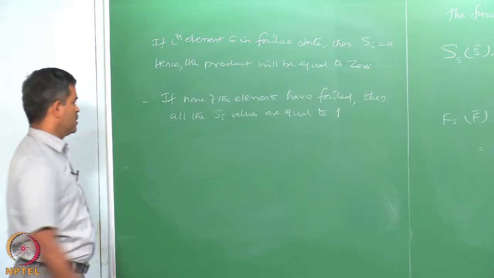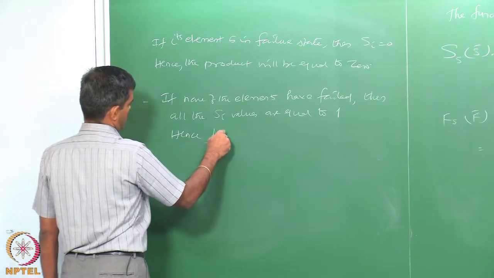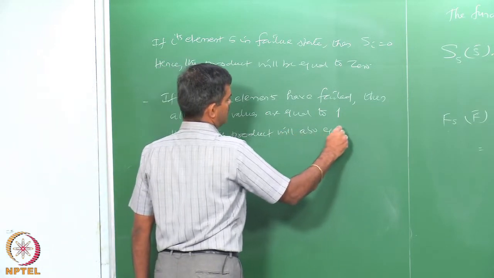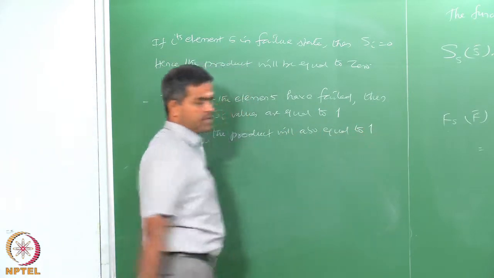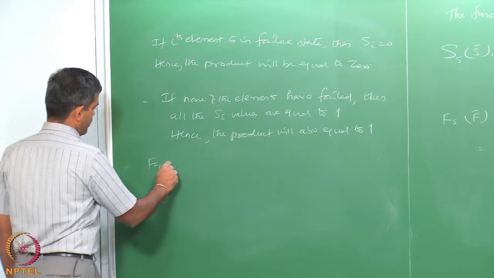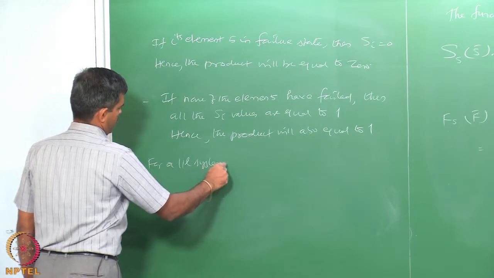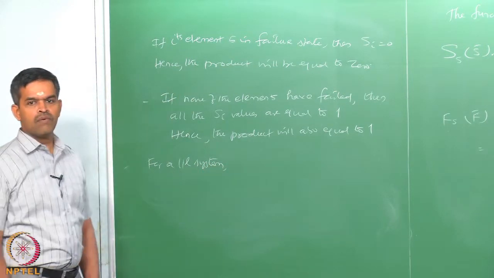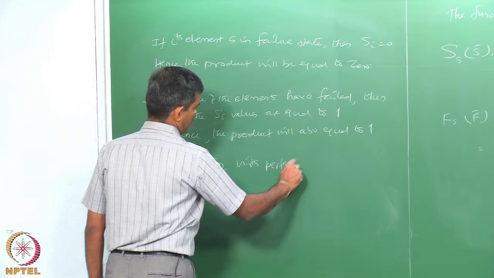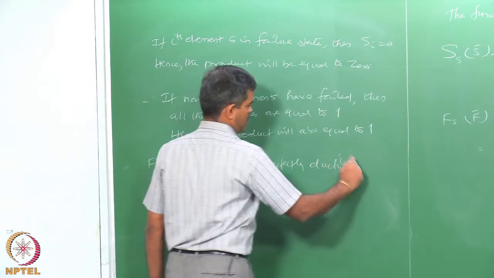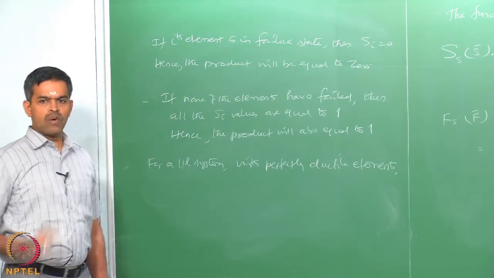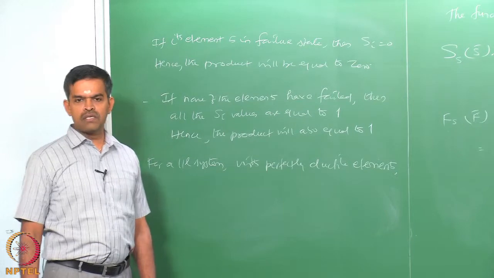Therefore, the product will also be equal to 1, which indicates non-failure state. Now, this is for the system in series. For a parallel system with perfectly ductile elements, if at least one element is in non-failure state, then the system is in non-failure state.